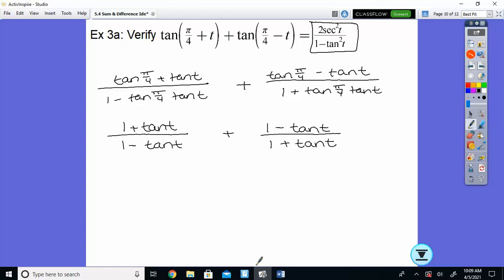If I want to add or subtract fractions, what do we need? Common denominator. What am I going to multiply the first one by? And the second one?